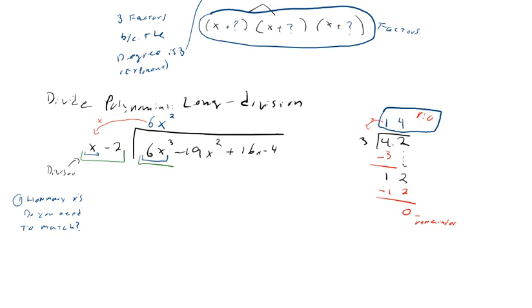So what I need to do is multiply the whole divisor by the matching part.